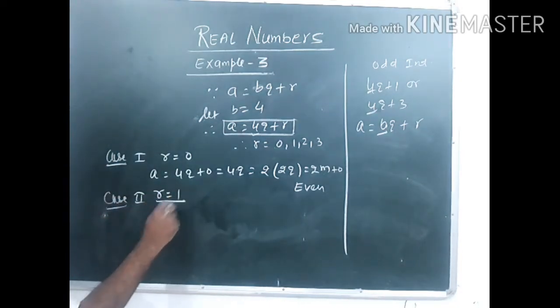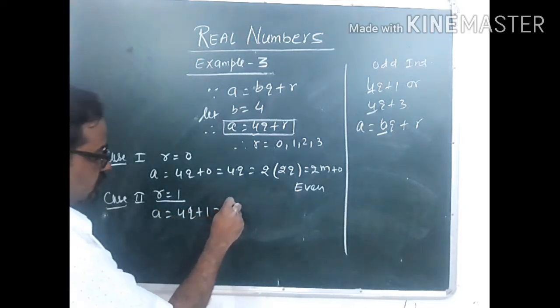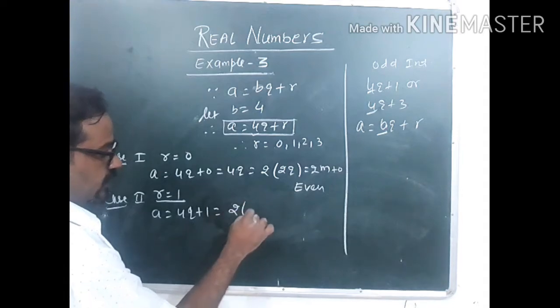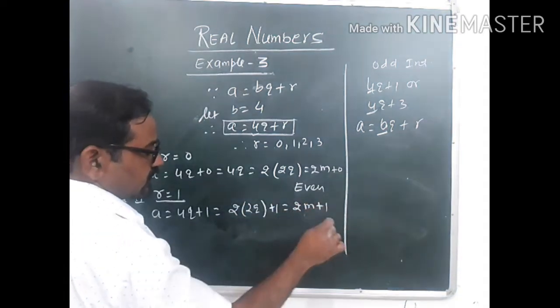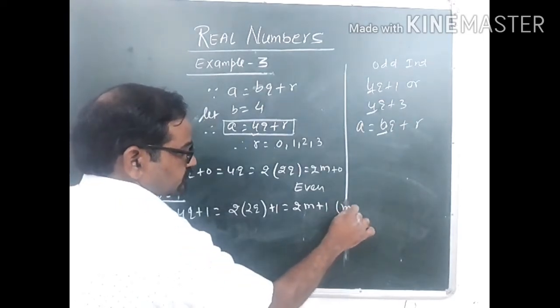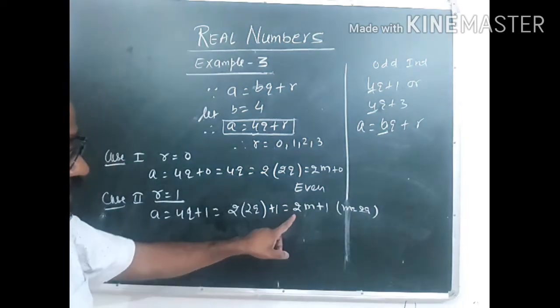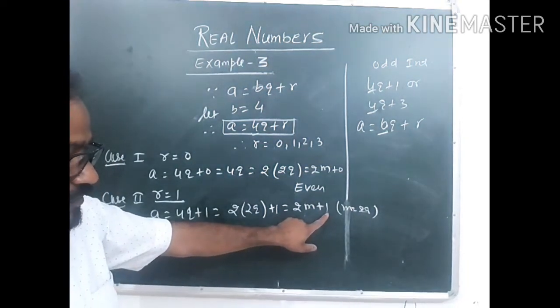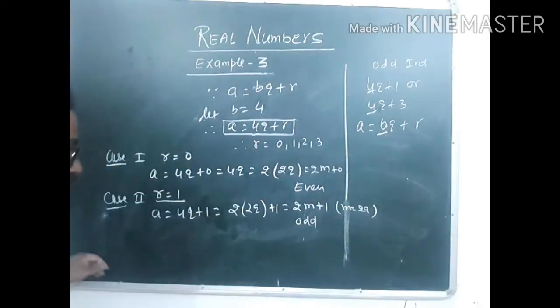Case second, when r equals 1, therefore a equals 4q plus 1, that is 4q plus 1, we can write 2 into 2q plus 1, that is 2m plus 1, where m equals 2q. It means when we divide by 2, we will get remainder 1, that means it is an odd number.